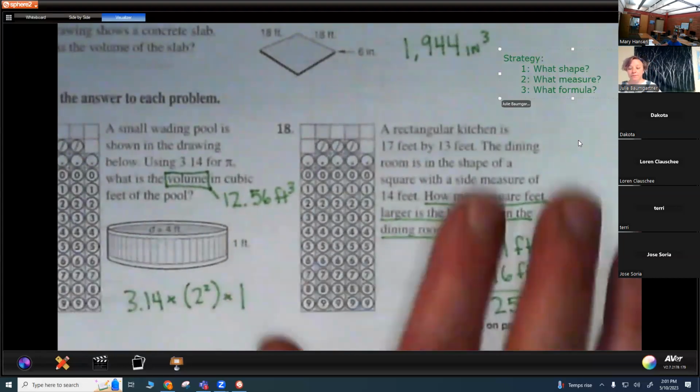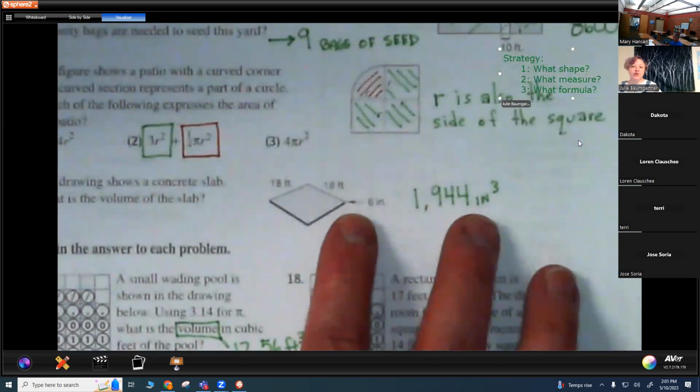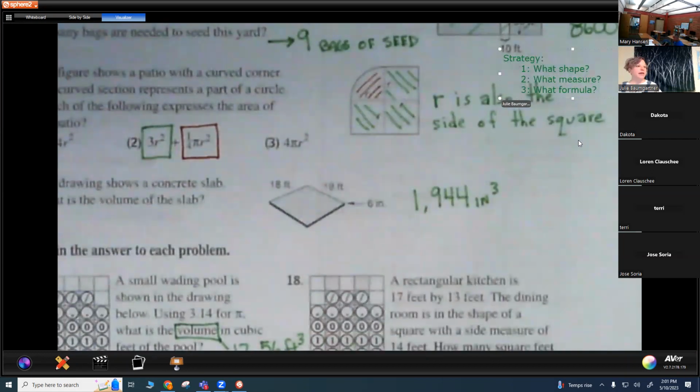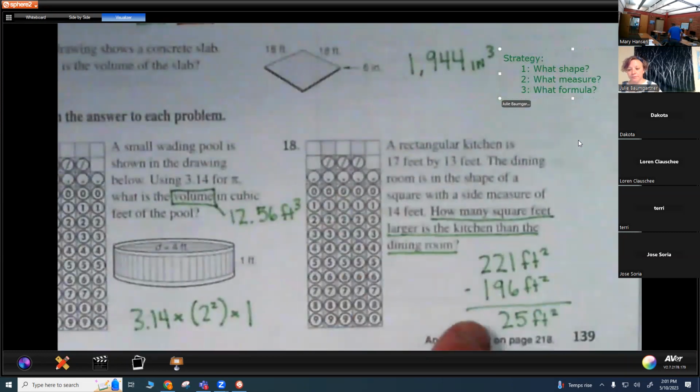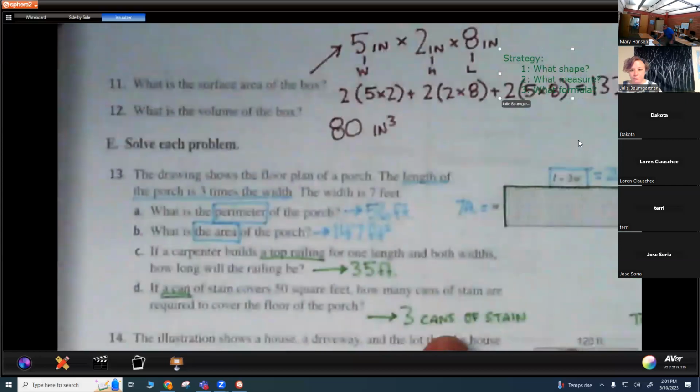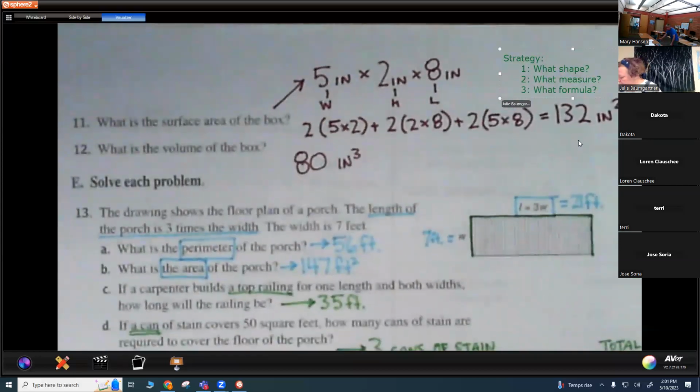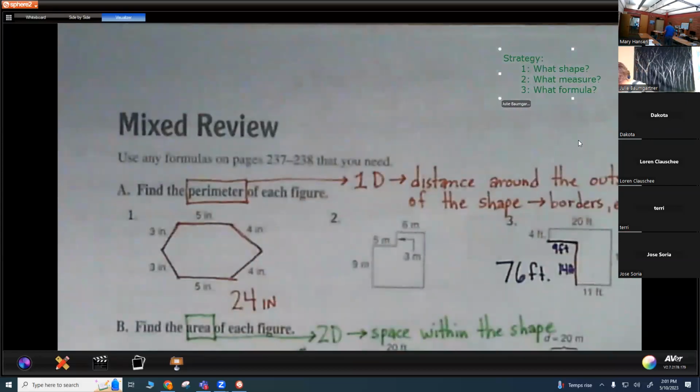Of a cube, the volume of a cube. So you basically just cube the side. For which one? Number 9. Oh, yeah.